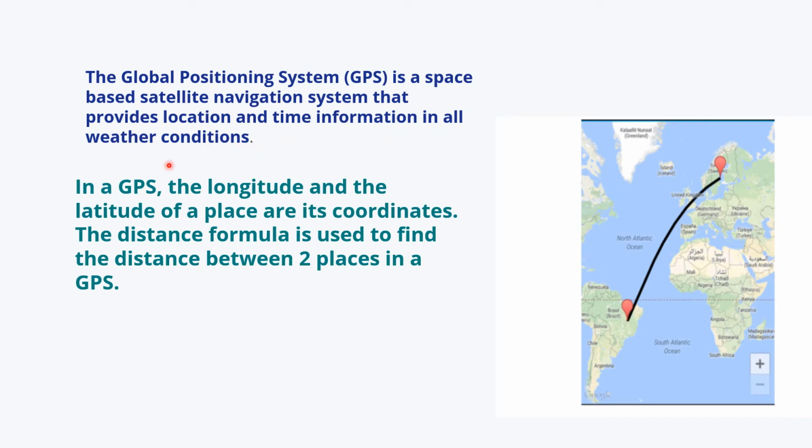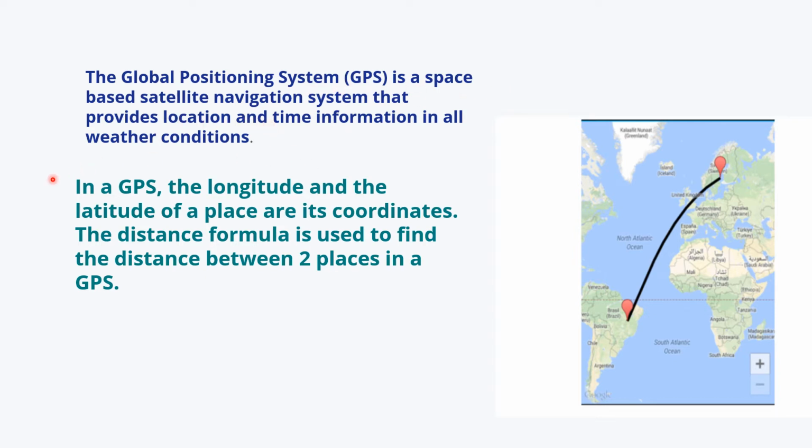What is its use? It is used to provide location and time information in all weather conditions: what kind of weather will prevail, where, and at which time. Even on my mobile, you are seeing that they provide the weather of the day, and this is all based on the GPS system, which is a space-based satellite navigation.